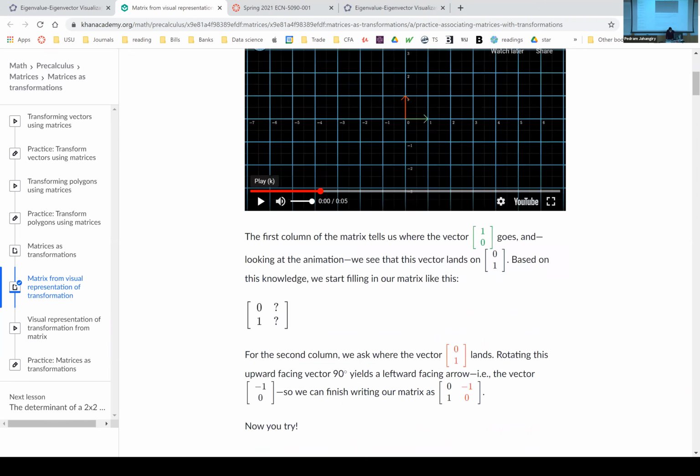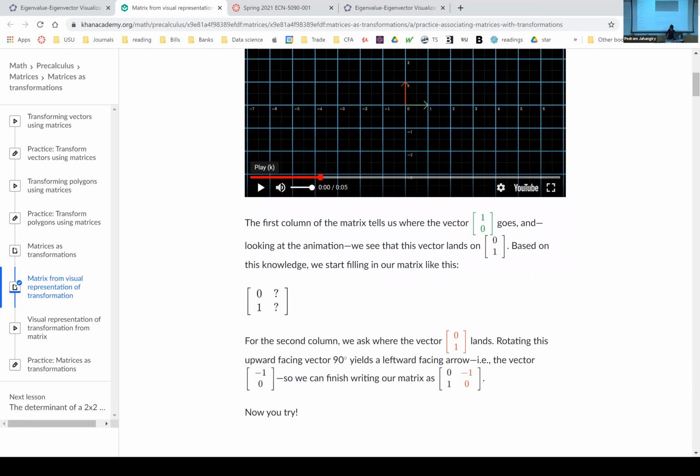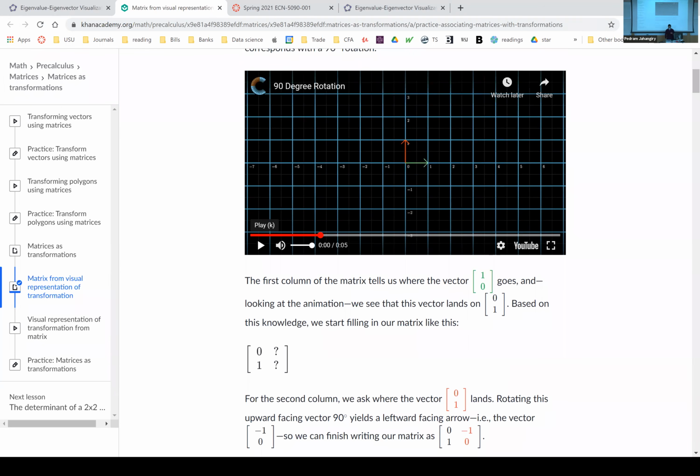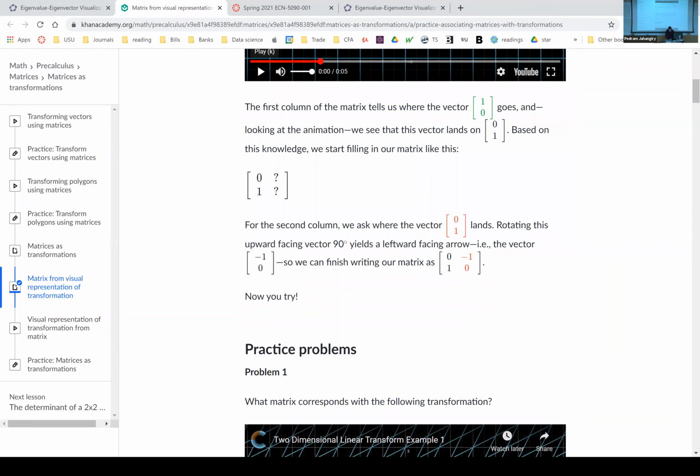So this is going to be the transformation for the green one. What happens to the red one? Red initially was 0, 1, and then it becomes what? Minus 1, 0, right? So my transformation matrix is going to be 0, 1, minus 1, 0, this one. Does everyone see that?